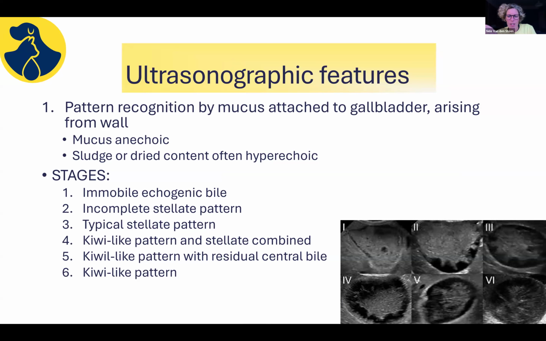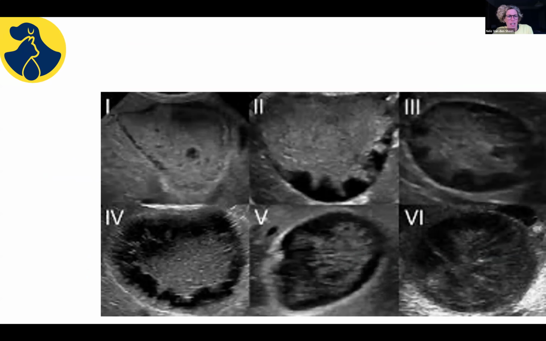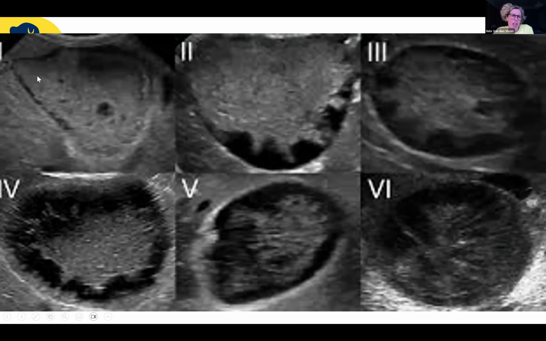So in the first stage, and I've made these slightly bigger, you get this sludgy bile and a thicker line of mucus surrounding the gallbladder. As it gets thicker, it builds up gradually. You get little blobs of mucus coming in, and then more and more.